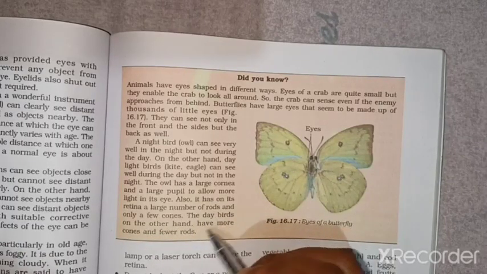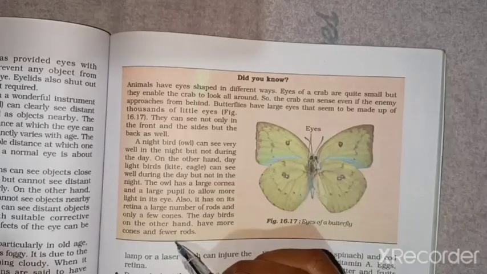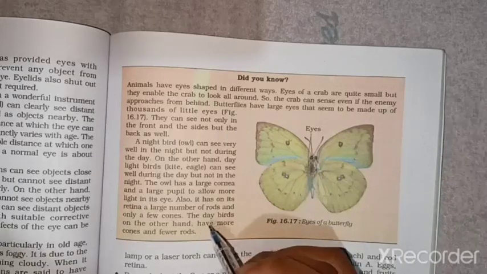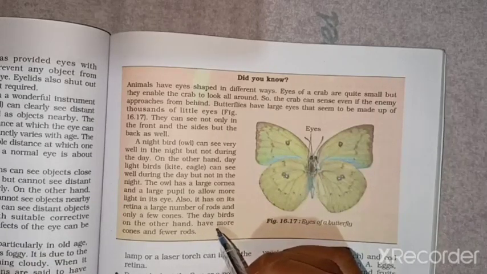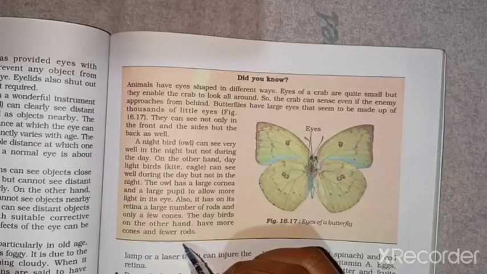The day birds, on the other hand, have more cones and fewer rods.